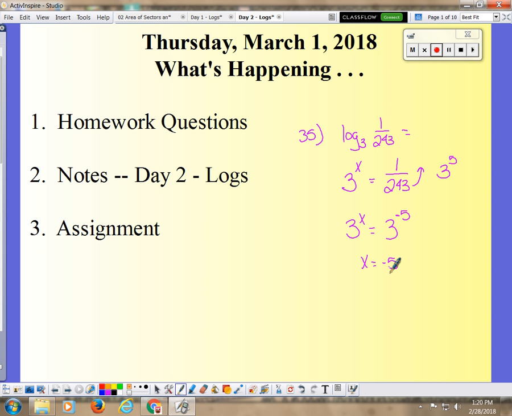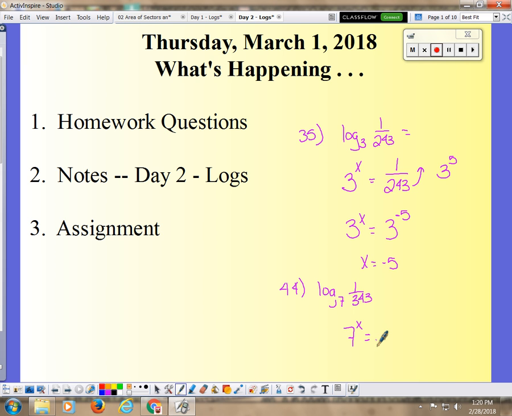Let's look at, what else do I think was kind of rough on here? It's really those problems. What's another one? Number 44. That was log base 7 of 343. So this is 7 to the x power equals 1 over 343.